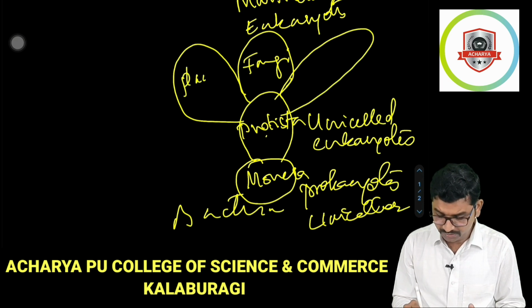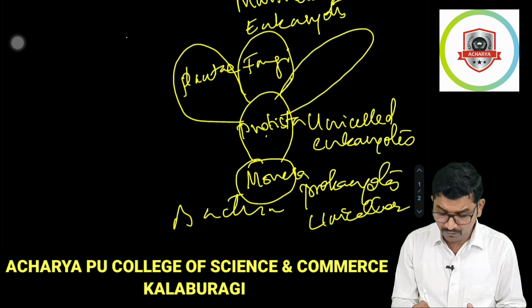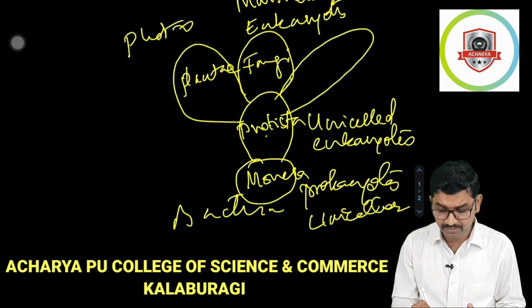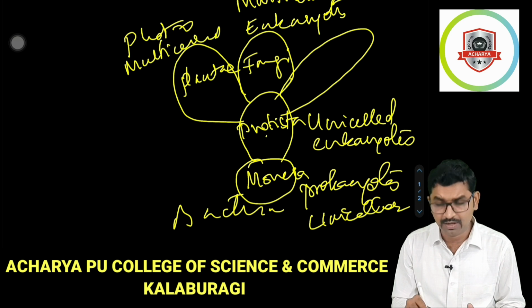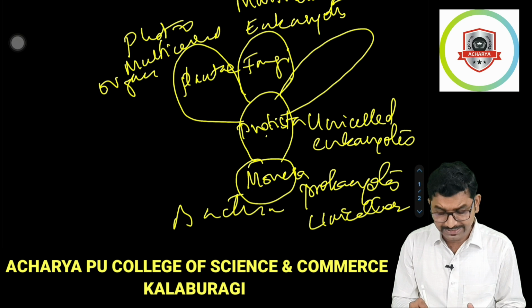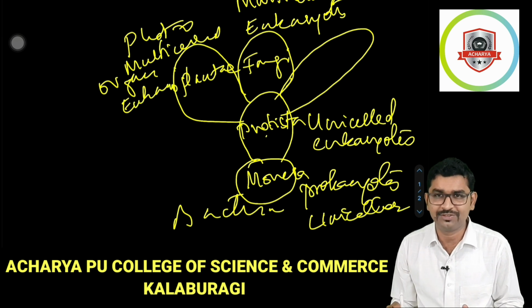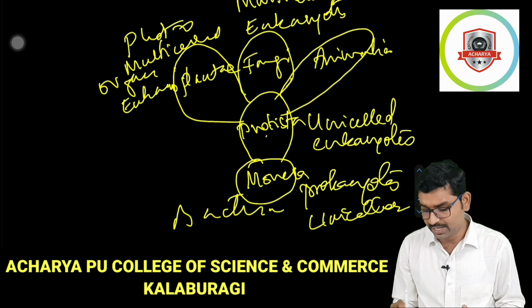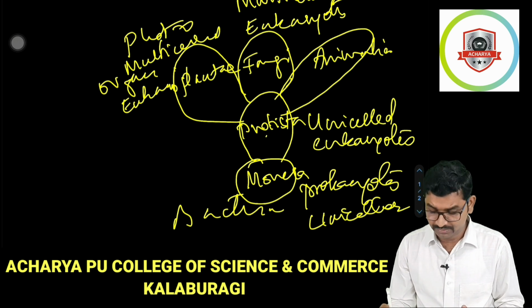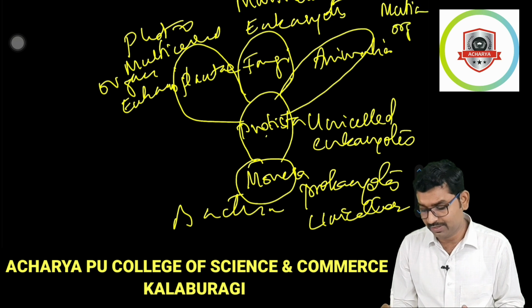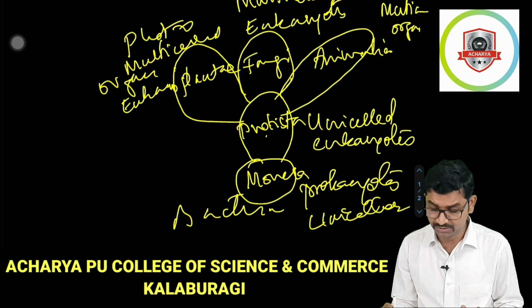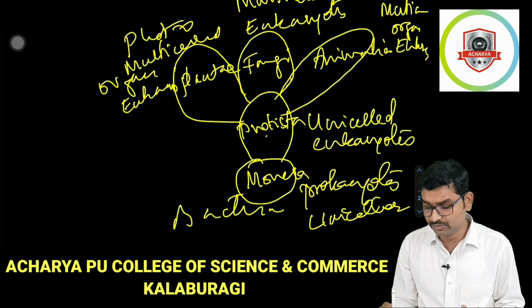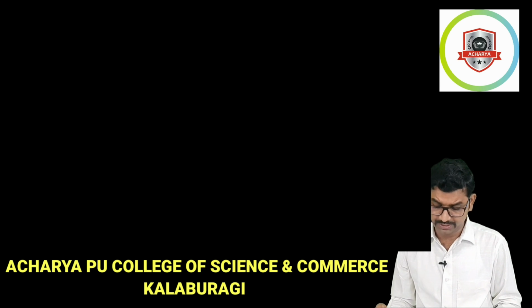Right, here we put plantae, which are photosynthetic, multi-celled or having organ system level of body organization, and they were eukaryotes, of course. Then kingdom Animalia, they were multi-celled, having organ level of body organization, and they were also eukaryotes. Alright, that we'll see.